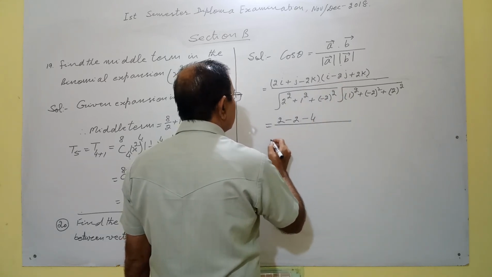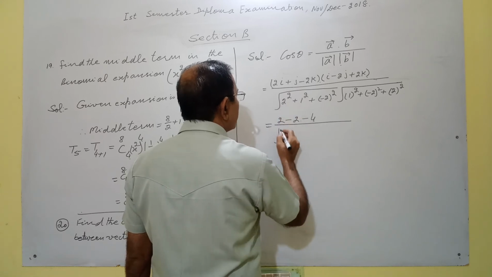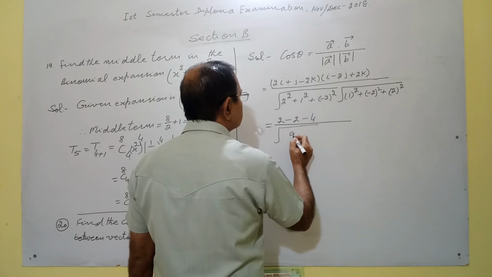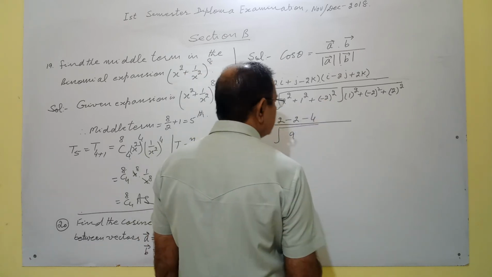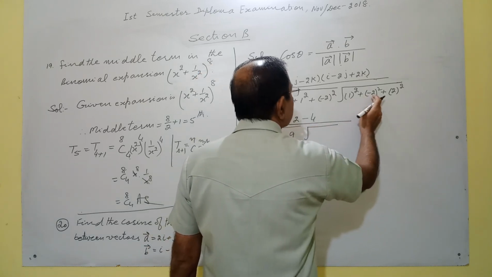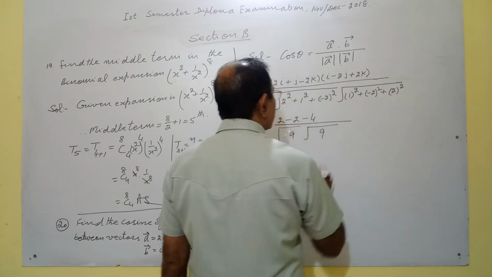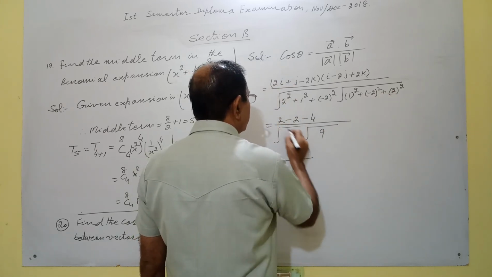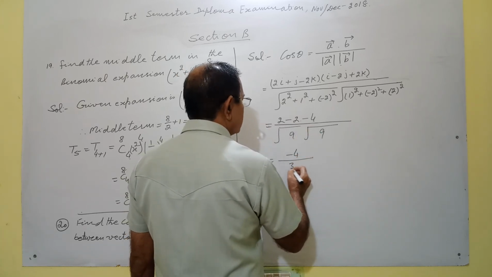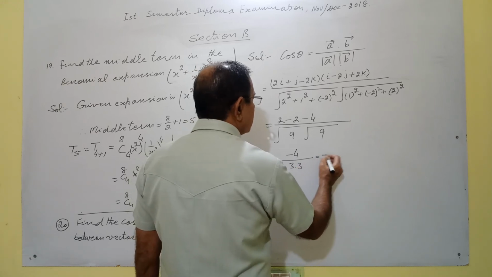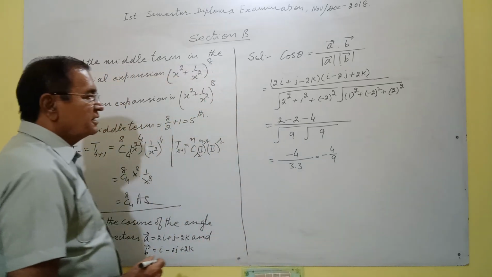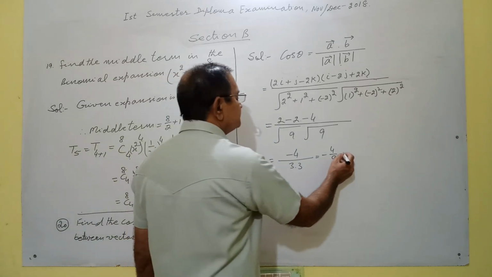Here we will get 4 plus 1, 5, plus 4, 9, and 1 plus 4 plus 4. So it will come out to be minus 4 by 3 into 3, minus 4 by 9. Thus the cosine of the angle is minus 4 by 9.